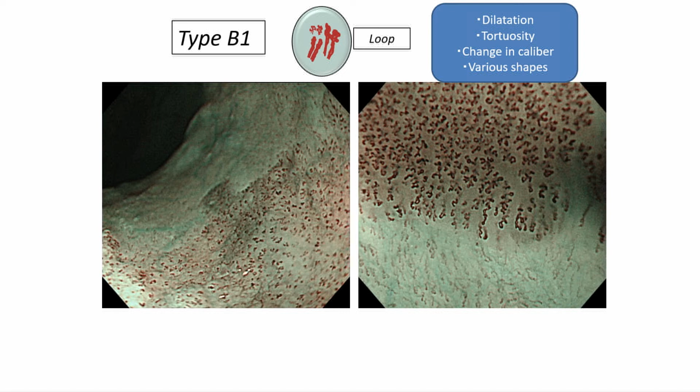Now they are looking more like hair clips. If they are in a focal area, it is suspicious. This is type B1, loop. Can you see this like a hair clip? Okay? Next.